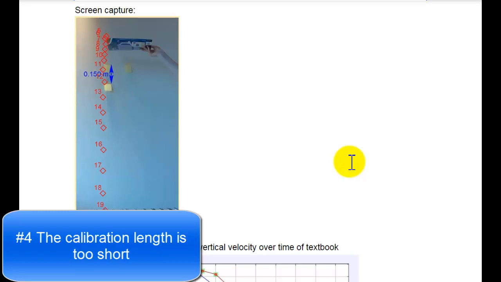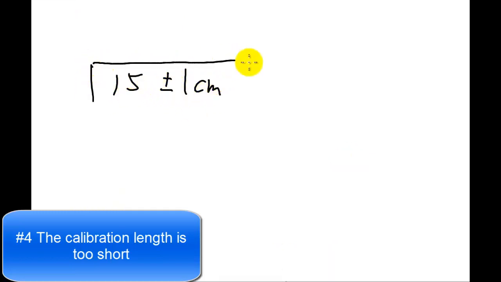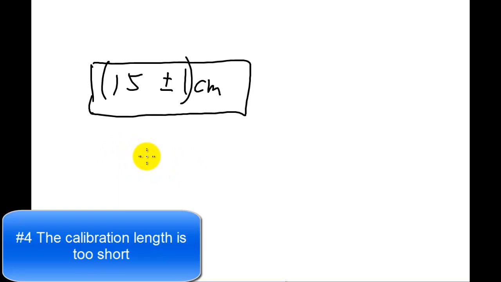So let's say if you have 1 cm of error in your measurement of 15 cm, so it will be 15 plus or minus 1 cm. In terms of percentage, that will be 1 over 15, which equals around 6.7% of error. And think about this.